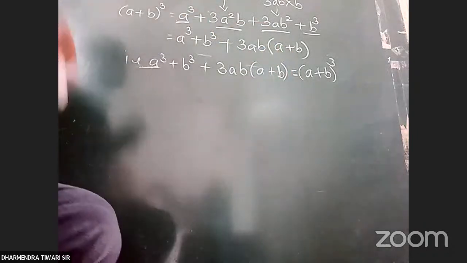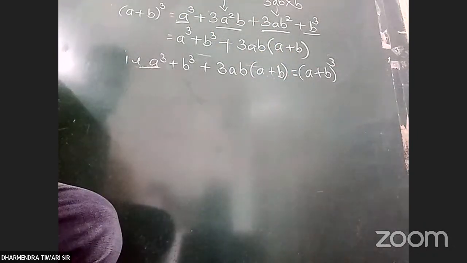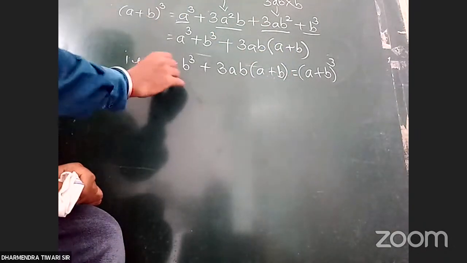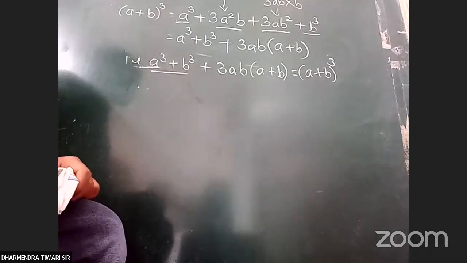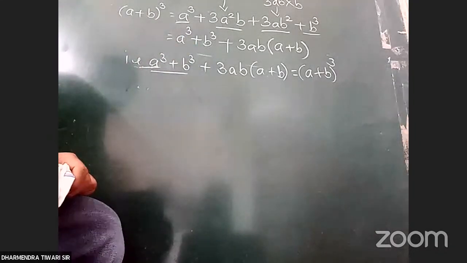So this is clear. Now we want the formula for a cube plus b cube.